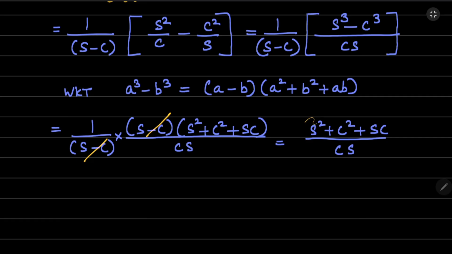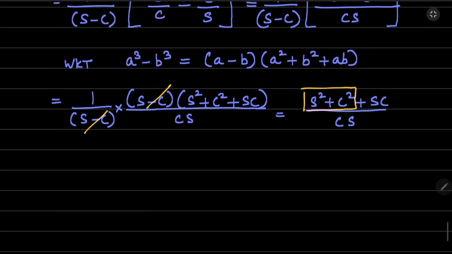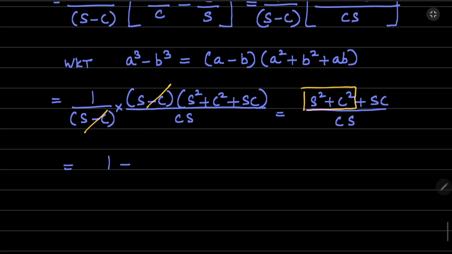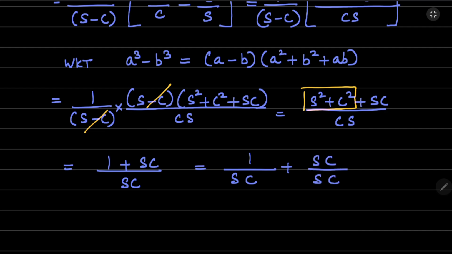We know that sine square plus cos square is equal to 1, isn't it? So this will be equal to 1 plus sine theta cos theta, whole divided by sine theta cos theta. So this is equal to, split up the sine theta cos theta: 1 over sine theta cos theta plus sine theta cos theta divided by sine cos. So this will be equal to 1.